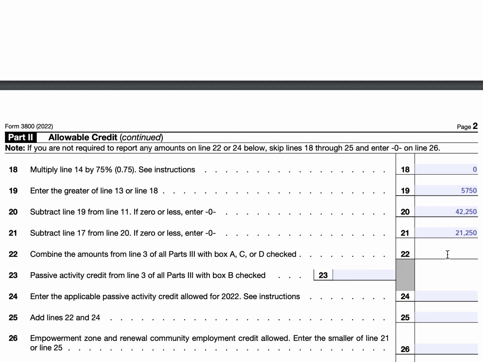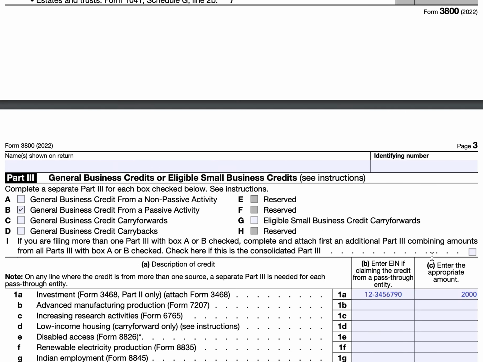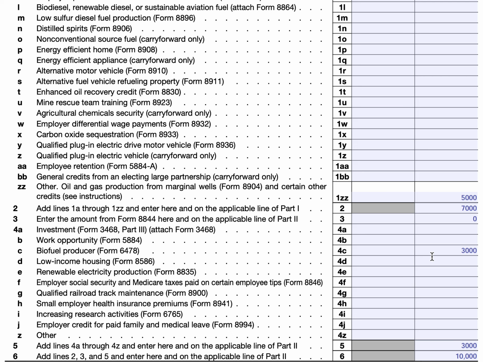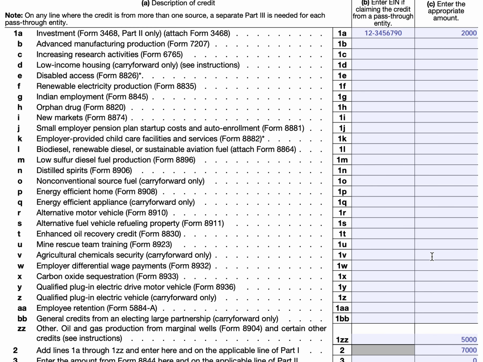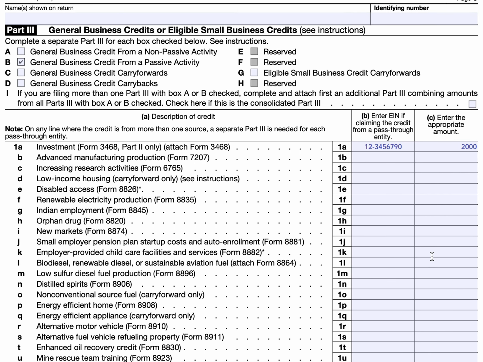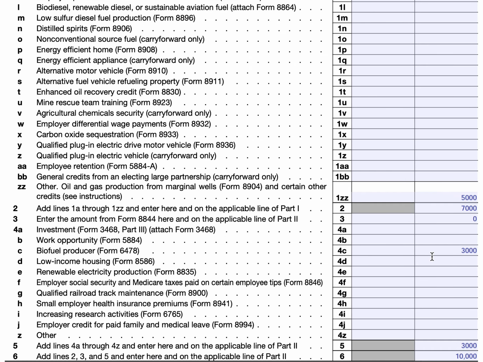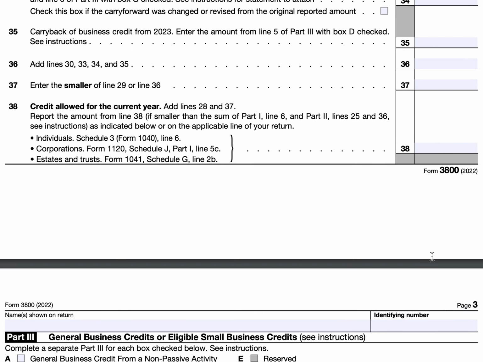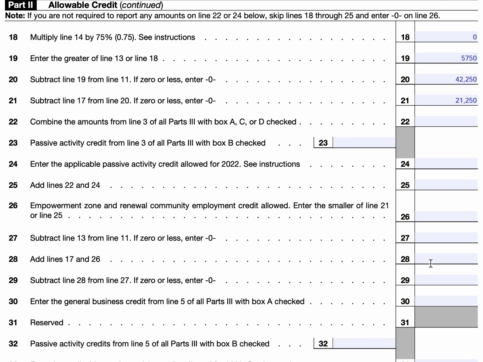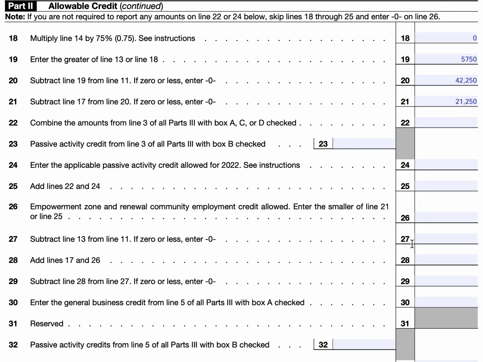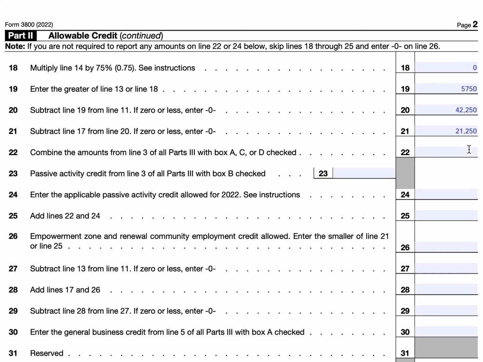So for this purpose, let's just say we have $10,000 that we're going to enter here.